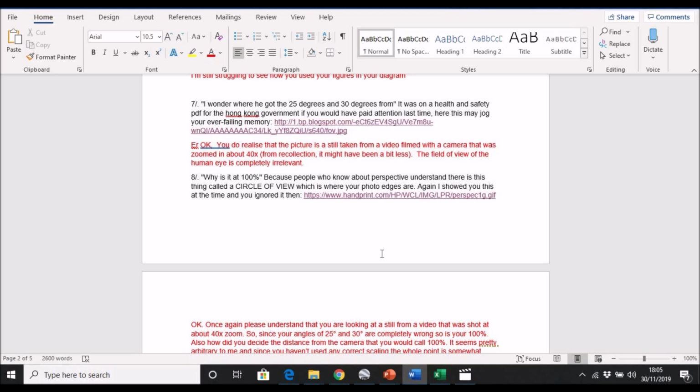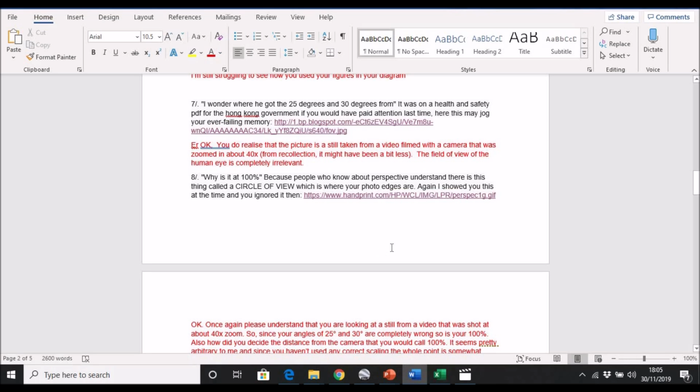The field of view of the human eye is completely irrelevant. What matters here is only what's in the picture, in the photograph, in the still from the video. That field of view matters, and that was the field of view the camera had at that particular point in time.